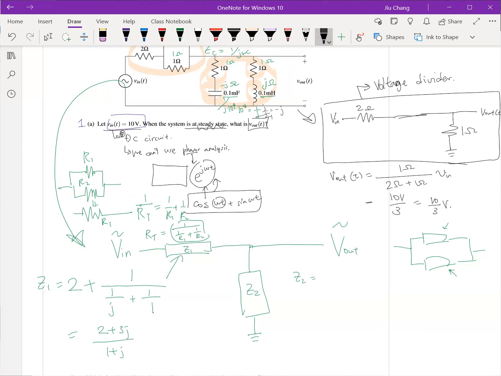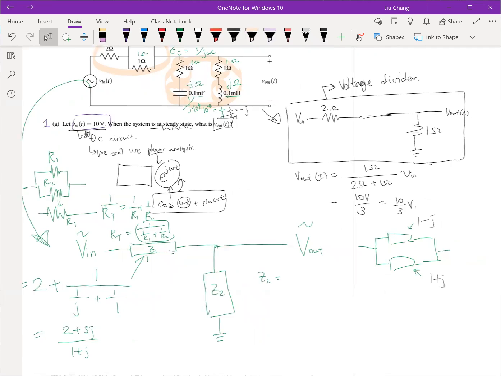So this is 1 plus -j, so that's 1 minus j, and the other one is 1 plus j. So now we solve for the total impedance, which is 1 over the reciprocal of one impedance plus the reciprocal of the other.